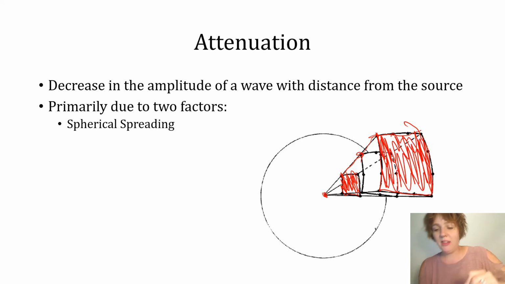So the simple fact that the energy is forced to spread out over a larger area means it's going to have a smaller amplitude. Just like if you order a pizza, the more people you have to share it with, the smaller your slice, right? The more distance you travel, the more space the energy is taking up, so the less energy per unit of space. This is going to decrease the amplitude of our waves.